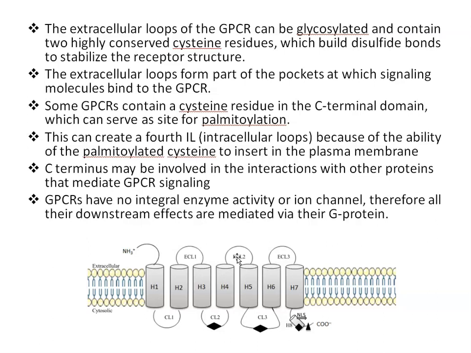Some GPCRs also contain a cysteine residue in the C-terminal domain, which serves as a site for palmitoylation. This can create a 4th intracellular loop here because of the ability of the palmitoylated cysteine to insert in the plasma membrane. So the C-terminus may be involved in interaction with other proteins that mediate GPCR signaling.